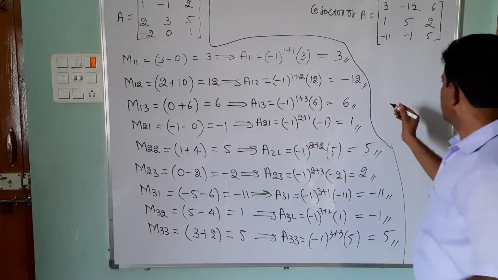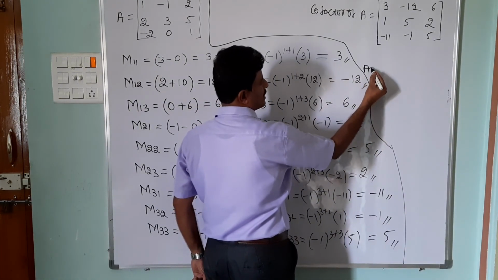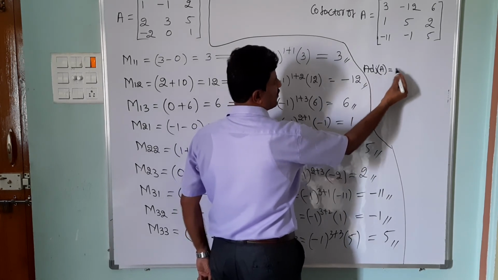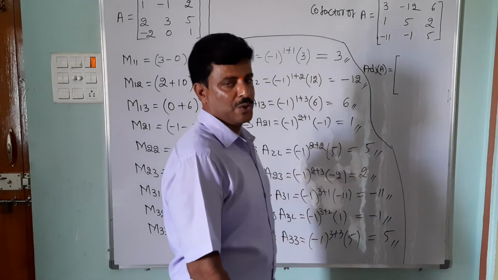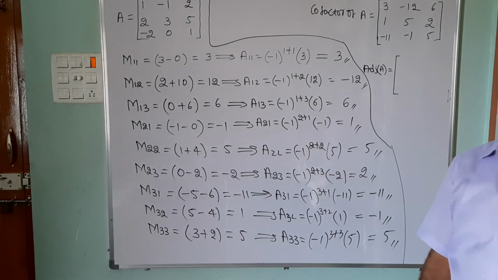Yes, I want the adjoint of A. Look here, ADJ of A. Adjoint of A is equal to interchanging rows into columns, columns into rows.